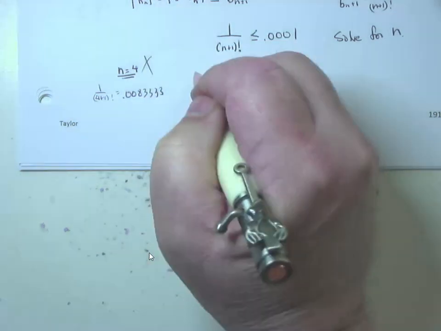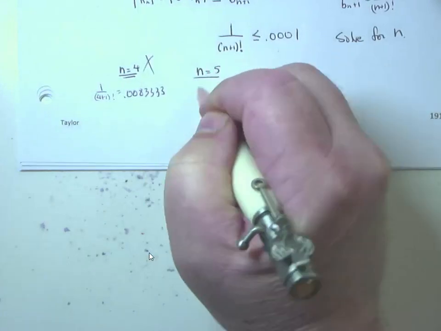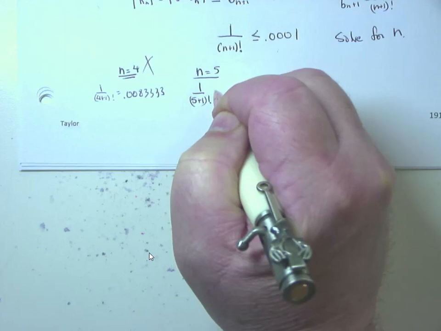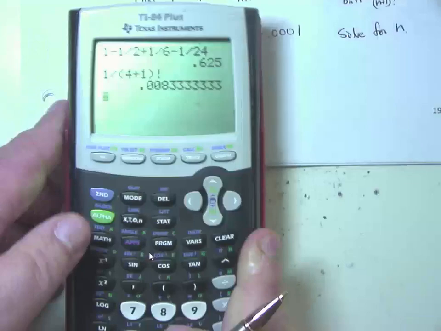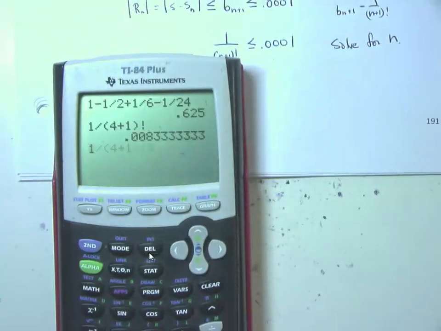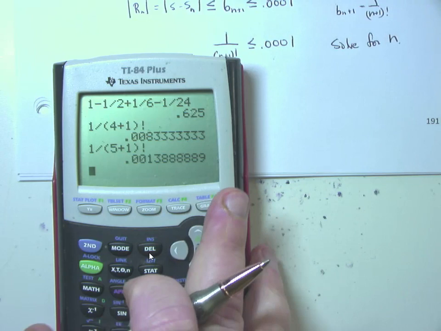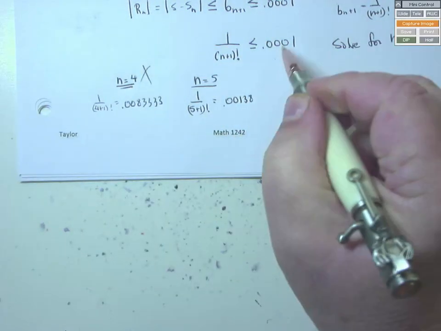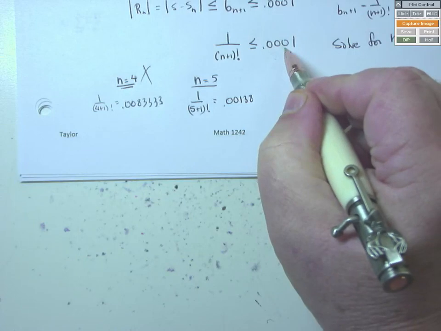Well, then let's try n equals 5. This will give you 1 over 5 plus 1 factorial, which is going to be, and I'm going to pull this guy down with second entry. This is that guess and check. With factorials, you don't have much of a choice. I got 0.00138. Is that less than or equal to 0.0001?